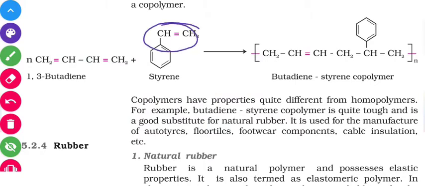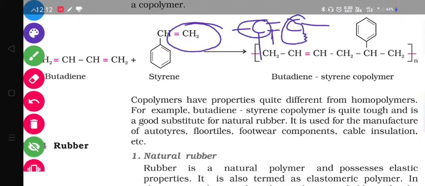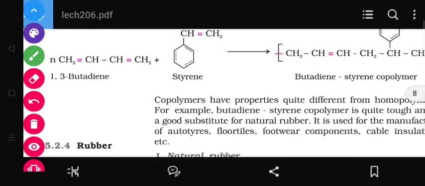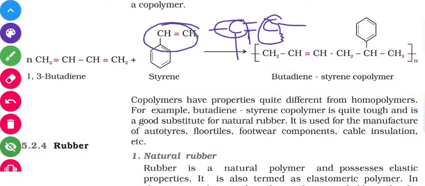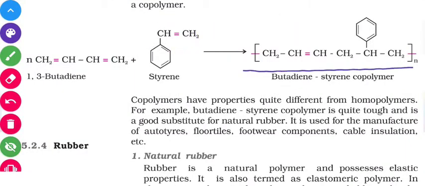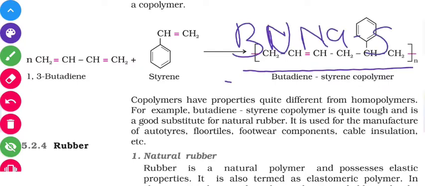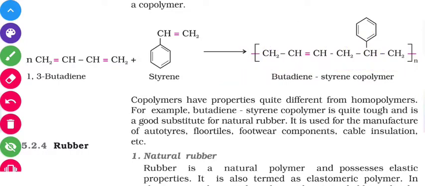We have a phenyl ring, then two carbons attached with a double bond. This bond will break, so both of these carbons need to form a bond. These two carbons will form a bond with the butadiene molecule, and eventually you get this compound, known as BuNa-S.